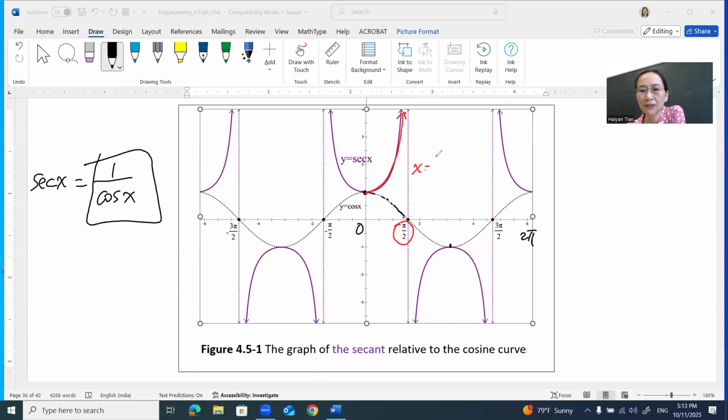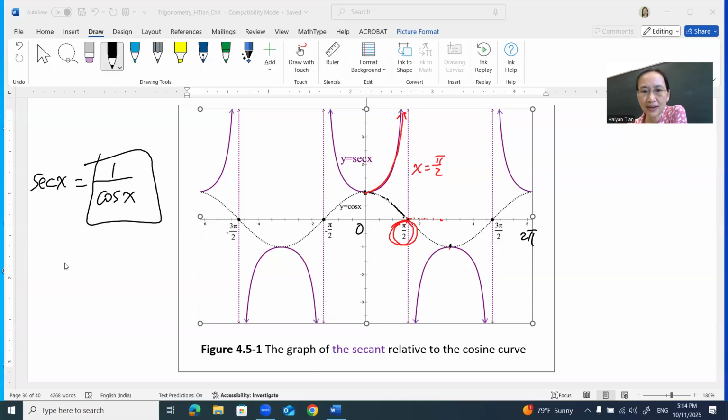And when the cosine is equal to 0, that vertical line becomes a vertical asymptote. That means we have a vertical asymptote where the cosine is 0. And here is another. Then we continue to examine, what if x is bigger than half of pi?